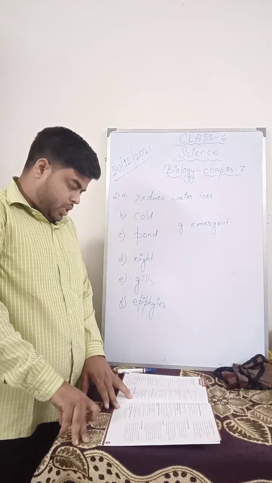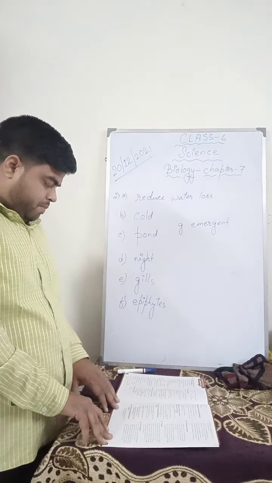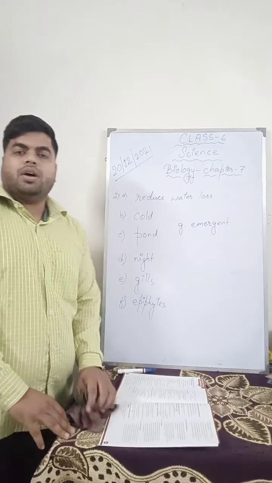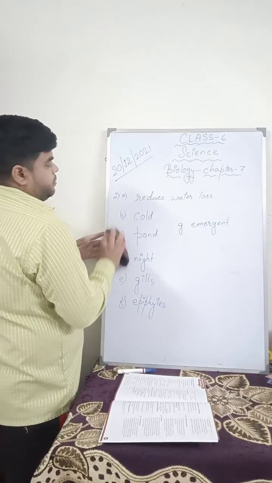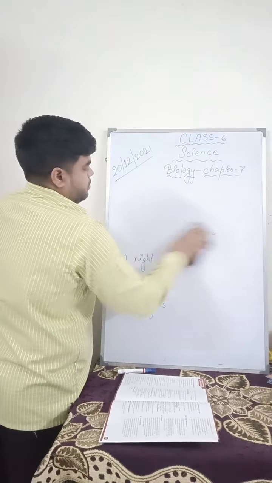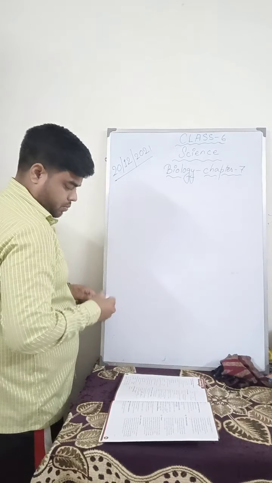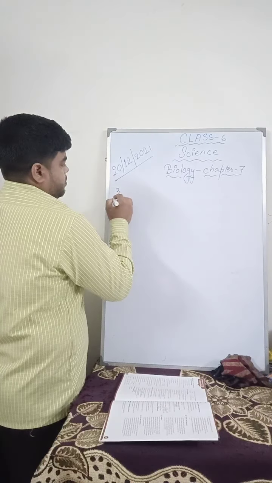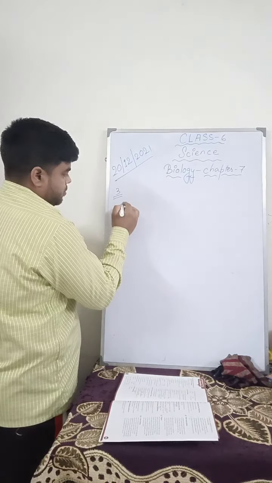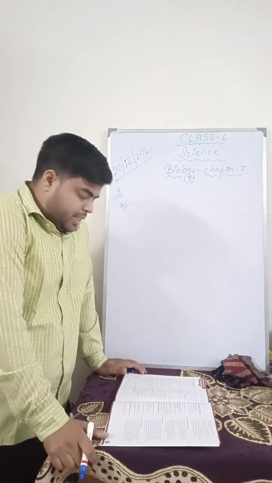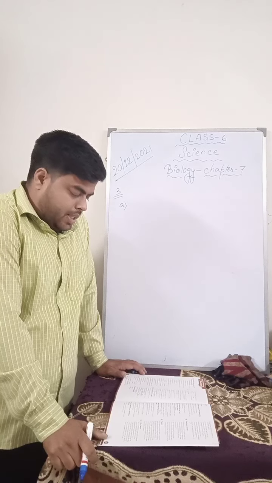Now, question number 3, that is true and false. A. The spines in cactus plants are modified leaves.